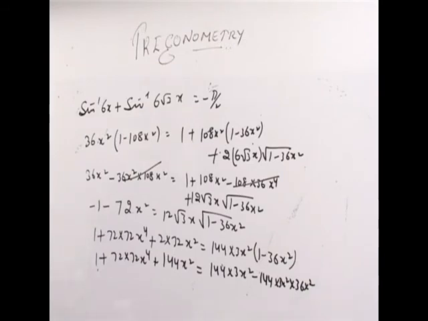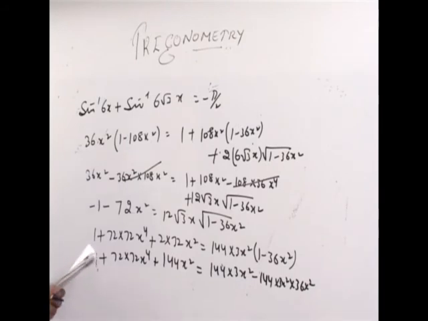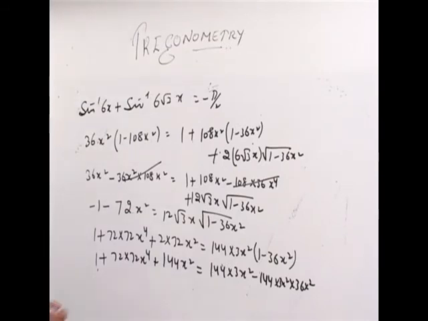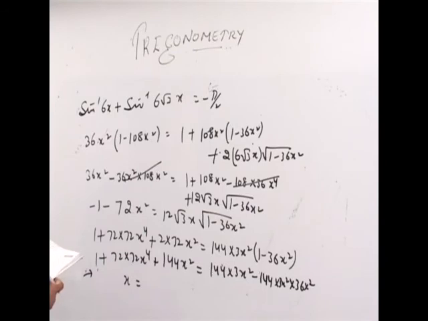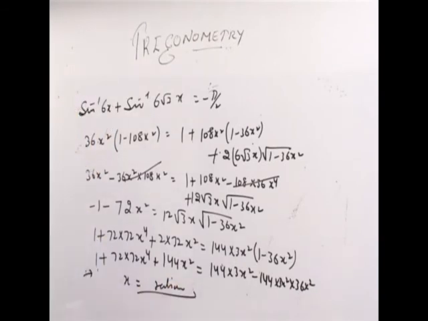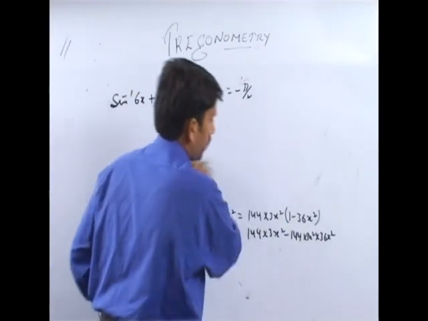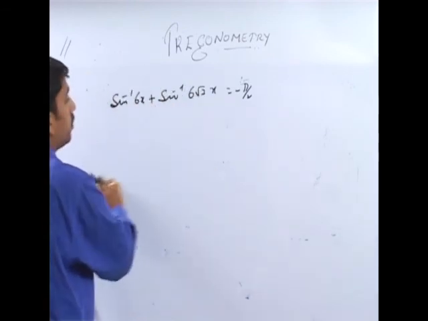Now when you solve it, take x square as a quadratic. When you solve it, the solutions will be rational numbers. So you can find that there is no integral solution for this equation. Therefore, you can say that this equation doesn't have an integral solution.